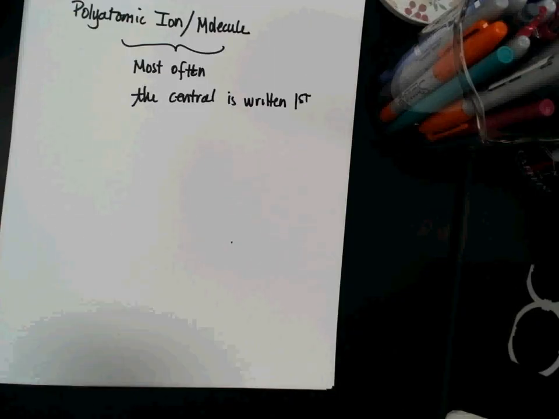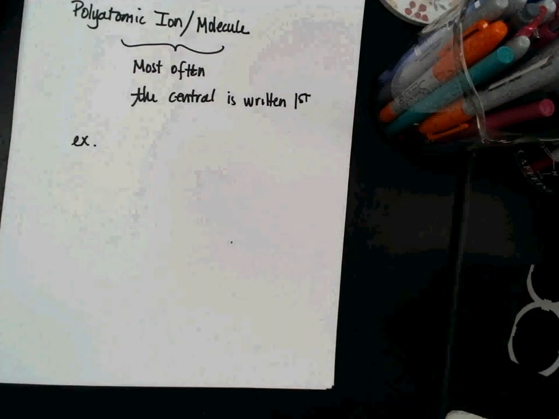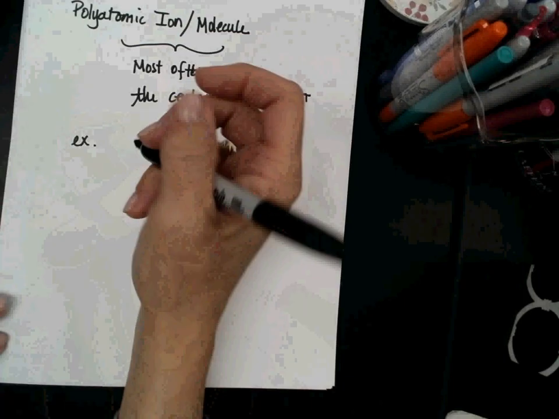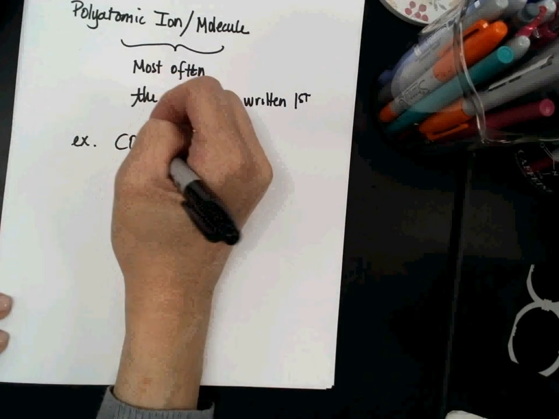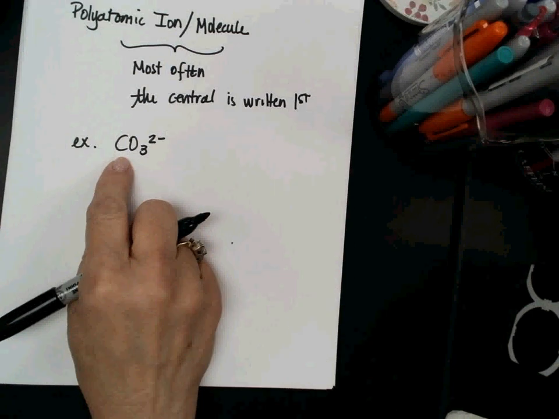So let's look at an example of a polyatomic ion. Let's say I'm going to deal with carbonate. What's the formula for the polyatomic ion carbonate? You should know that. What'd you say, Haley? CO3 2 minus. Do you guys agree with her? Yeah, she's right. Okay, so what does that tell me is the central atom? It tells me my carbon will be the central atom.